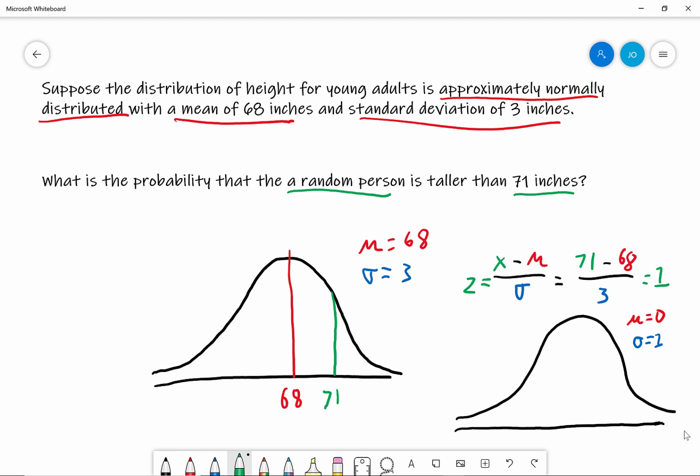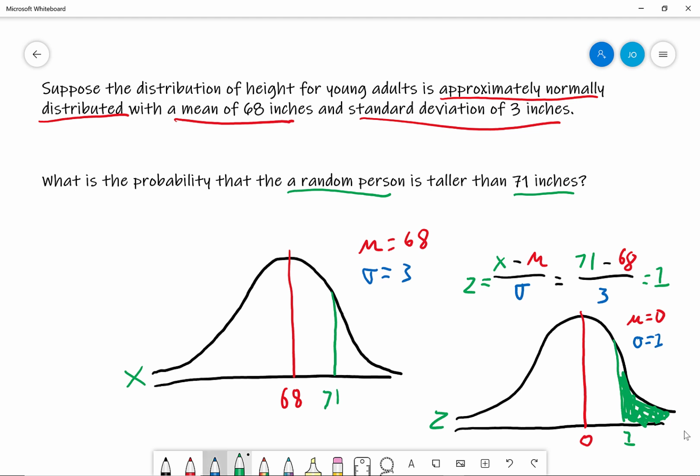So all of these are z values, and these were our original x values. And we're trying to find the likelihood of being greater than a z-score of 1 or the value 71. And so if we wanted to find this area out, right, we're looking for all this shaded stuff. Everything greater, what's the probability of a person being taller than 71 inches?